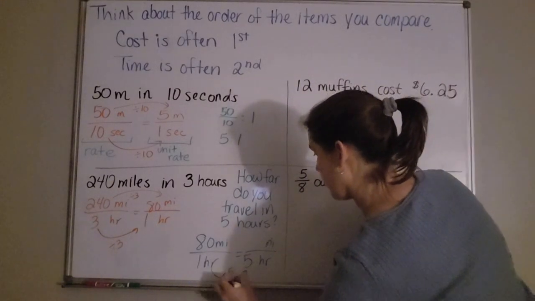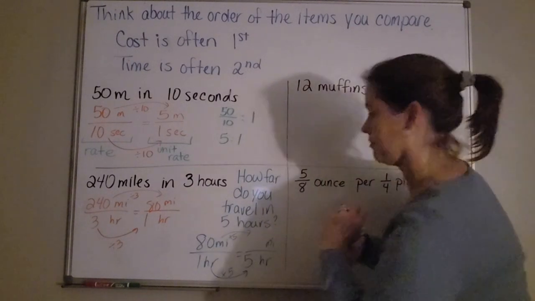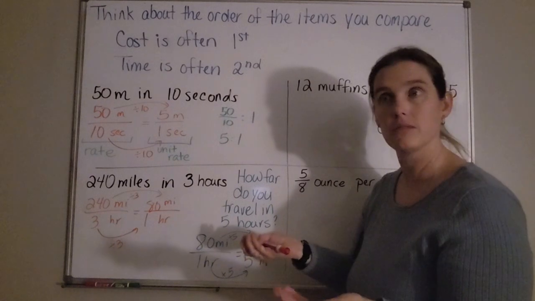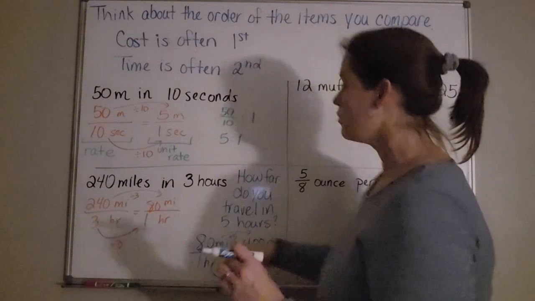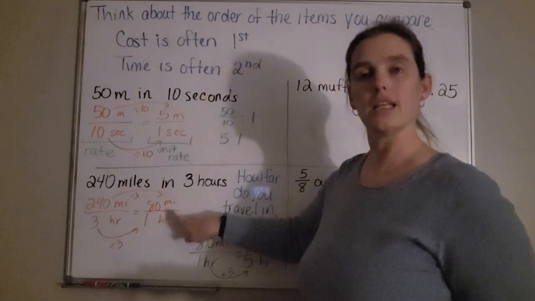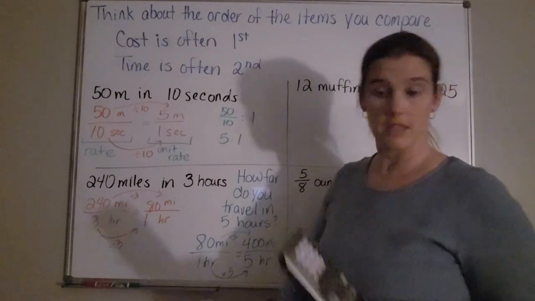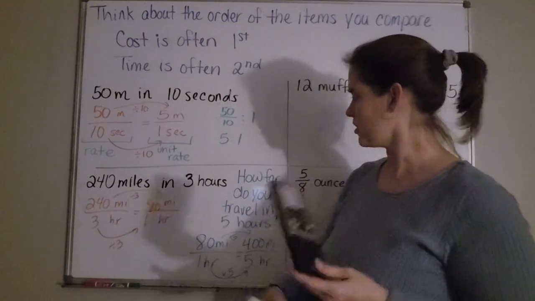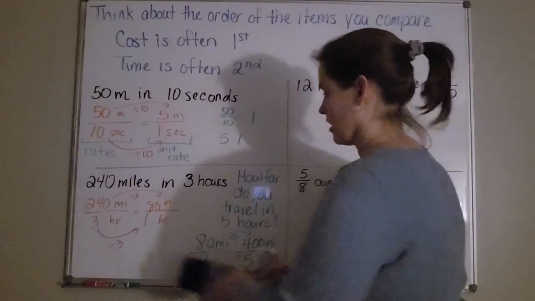So if I multiply by 5 in the denominator, multiply by 5 in the numerator. 80 times 5, 400 miles. So we can take a rate, turn it into a unit rate, and then use that unit rate to find a whole lot of other rates as well. I just wanted to show you that in case anything comes up like that in, say, a homework assignment.